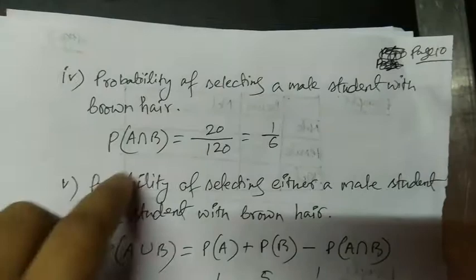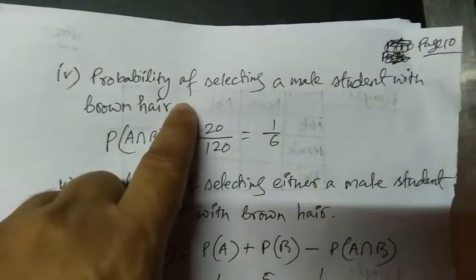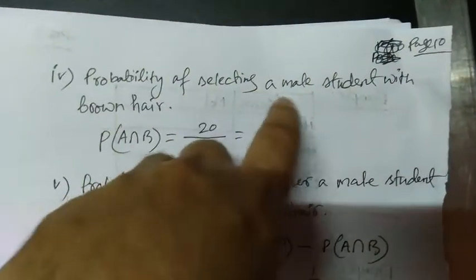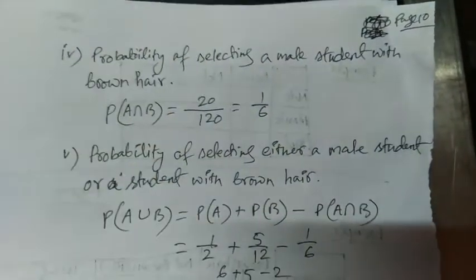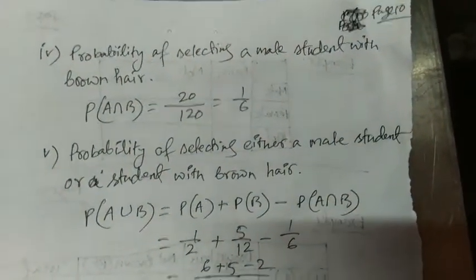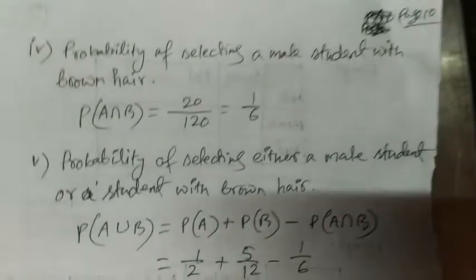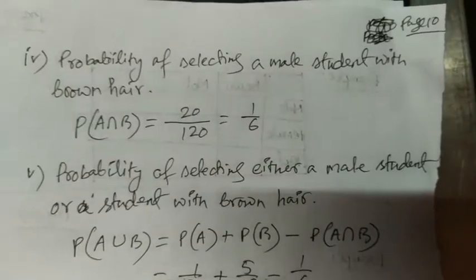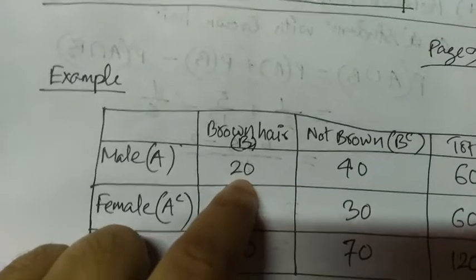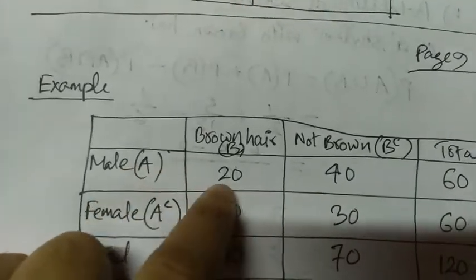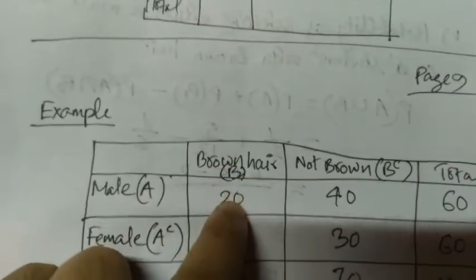Right. So number 4. Find out the probability of selecting a male student with brown hair. That means you need to find out the probability that the student is male, at the same time student has brown hair. So you can see we have 20 students who are male student as well as with brown hair.